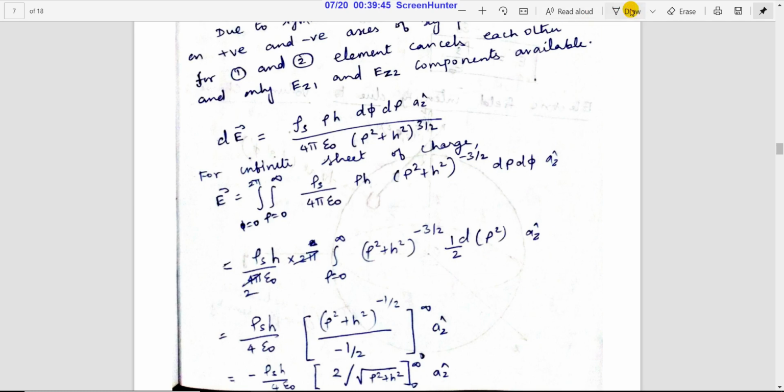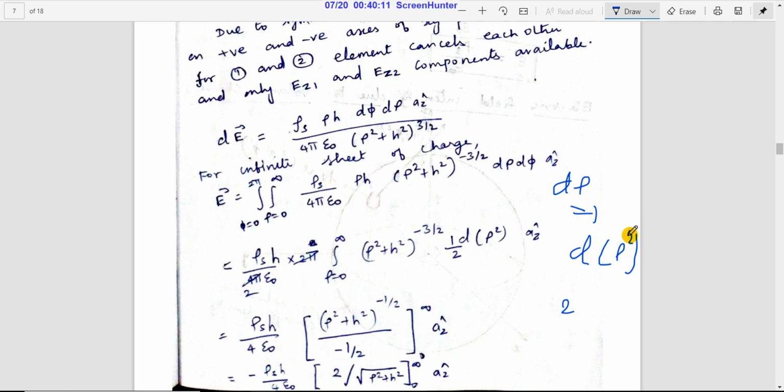So how do I write this? Just notice, that is d rho. I am going to make this as d of rho square, which means I need to have extra terms. If you are going to make this term, you have to replace this term with this term.